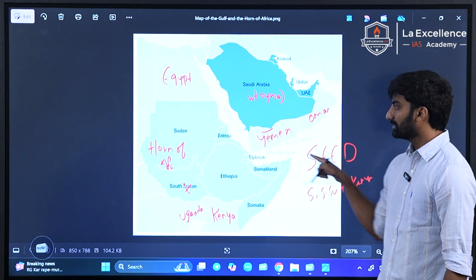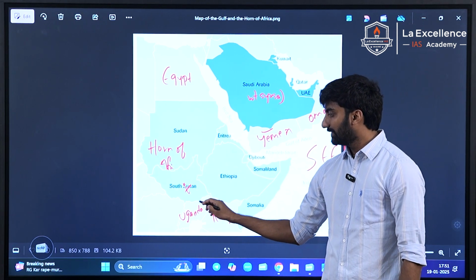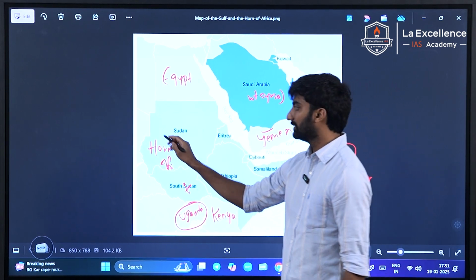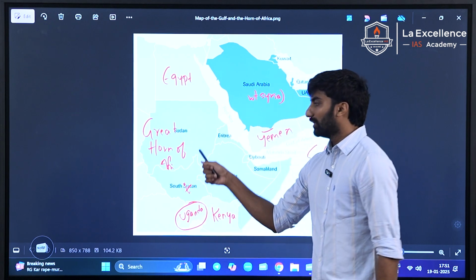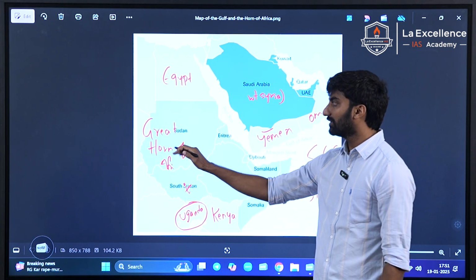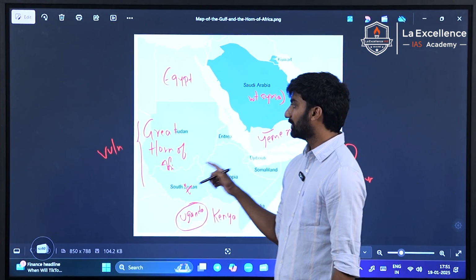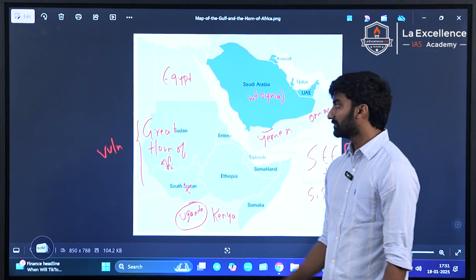So these 7 countries together are called the Horn of Africa. If we also include a country called Uganda in the Horn of Africa, this will be called the Great Horn of Africa. A small difference between the Horn of Africa and the Great Horn of Africa. And this Great Horn of Africa is one of the most vulnerable regions in the world, driven by poverty, underdevelopment, and all such issues.